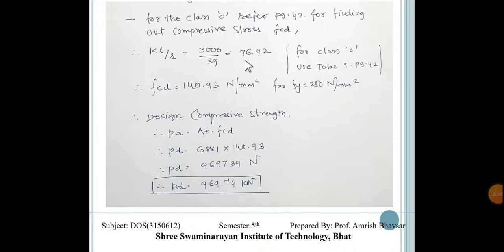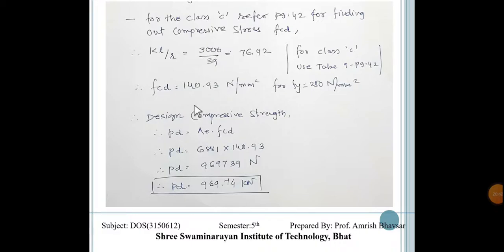Now from this value, for Fy 250 and page number 42, with these three combinations and the interpolation of all the values, we will get FCD as 140.93 Newton per mm square. So we can directly calculate this FCD from the given page.